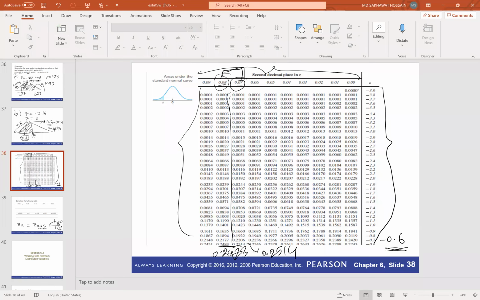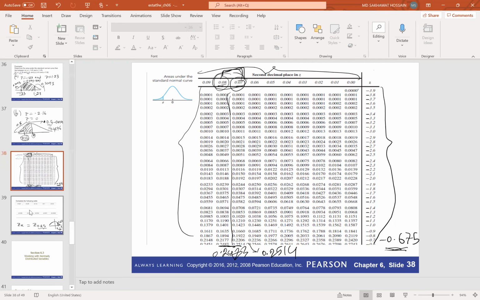Or you can just take the average of these two numbers. So the average of 0.08 and 0.07 is 0.075. So the digits after 6 will be 75, and the z score is negative 0.675.